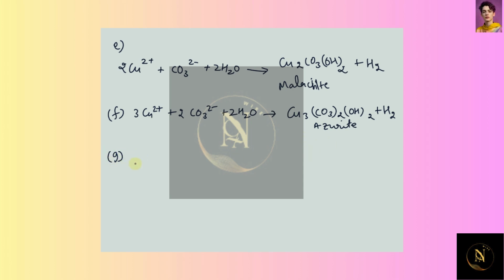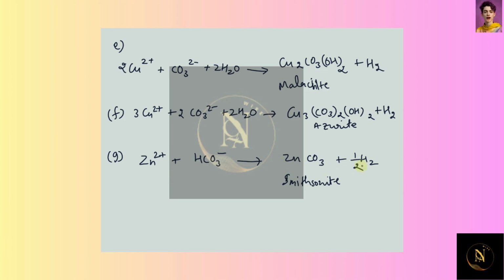Now let's look at the last equation. In this, zinc 2 plus ions are reacting with bicarbonate ions, that is HCO3 negative, and it will form smithsonite. The formula for smithsonite is ZnCO3. Now it will also form hydrogen gas in half mole quantity.